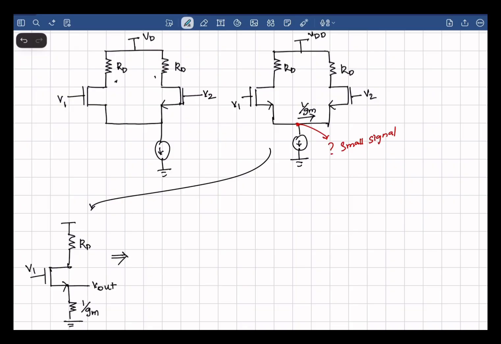And what do you think this represents? This is a classic common drain structure, because the input is given at the gate and the output is taken out of the source terminal.